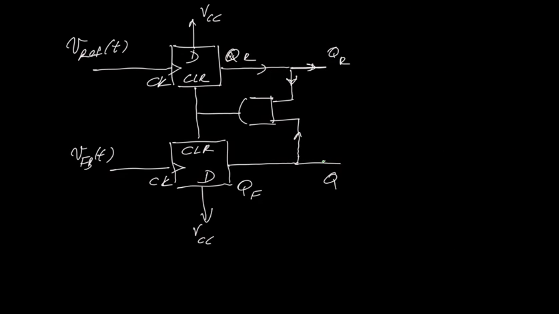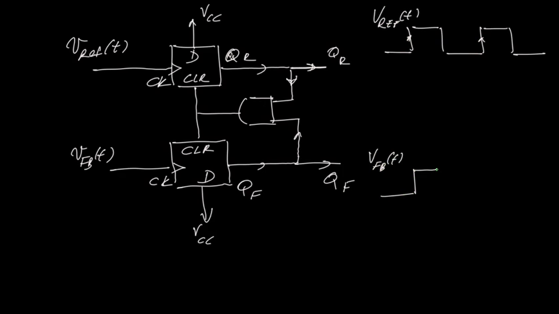Let's say that this is V reference as a function of time. By the way, this is positive edge triggered, so something happens on the positive edge. And this is V feedback as a function of time. Let's say that they're slightly out of phase.